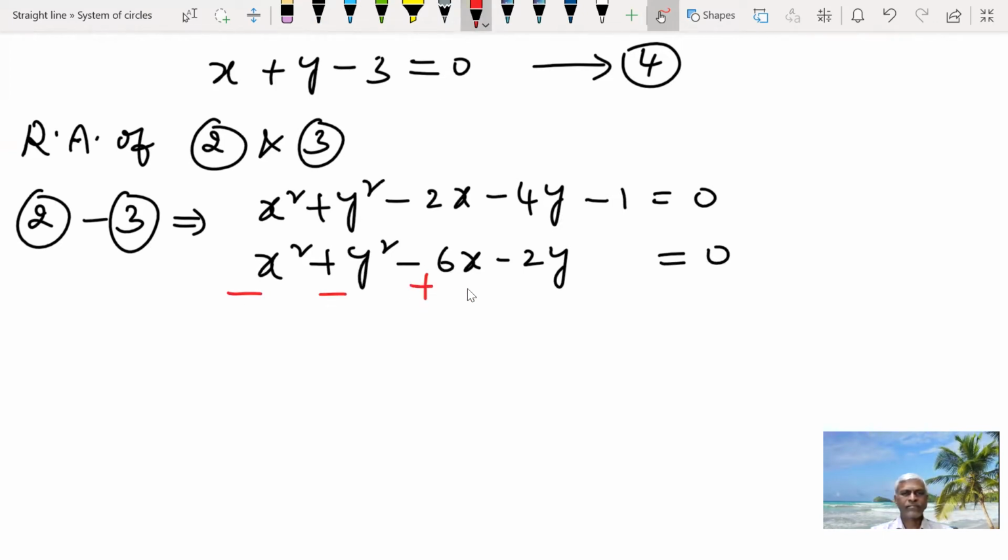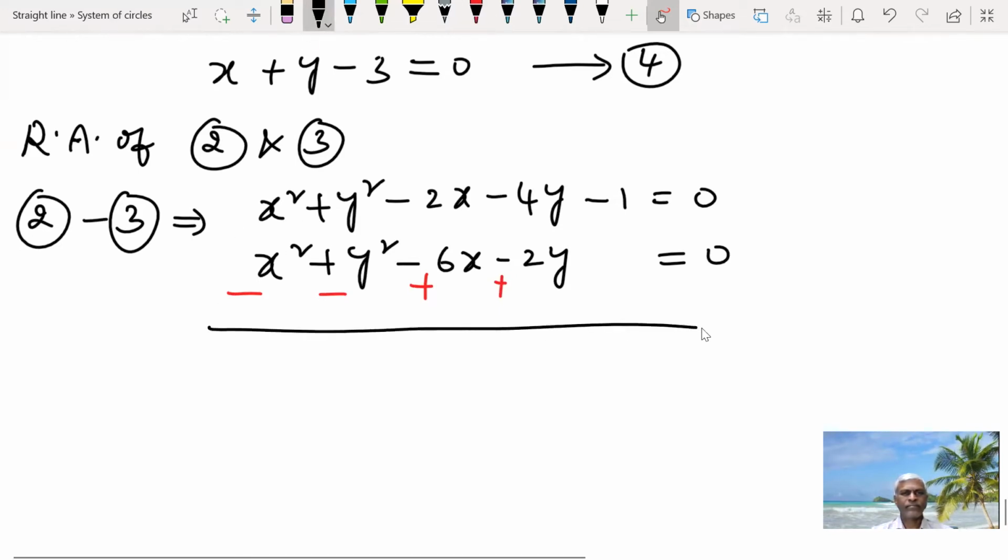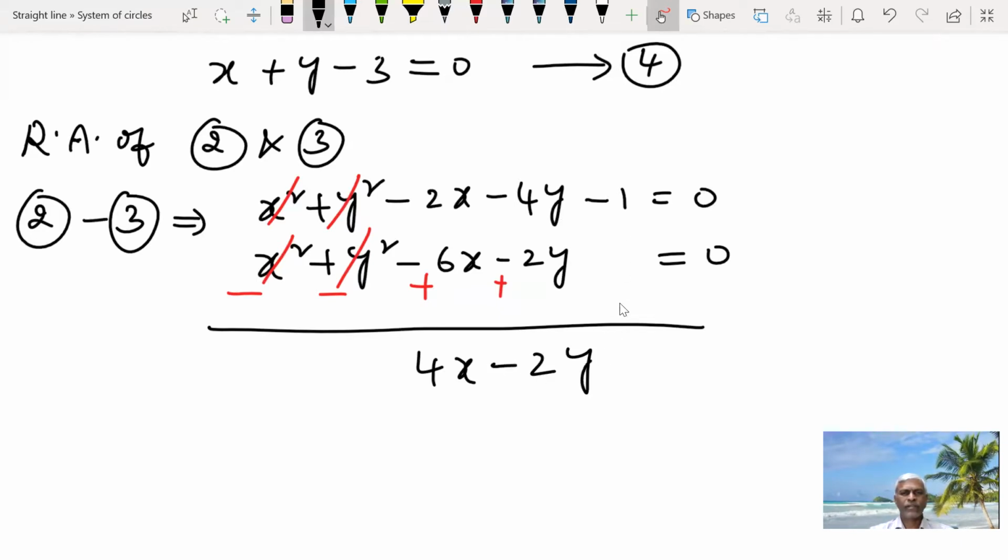Sign change. x square y square will get cancelled. Minus 2 plus 6, 4x minus 4 plus 2 and minus 1 is equal to 0. 4 and 5 solving will give us the radical center.